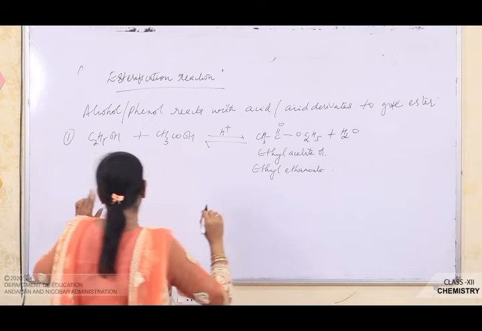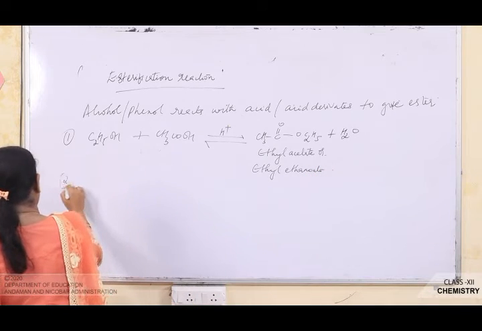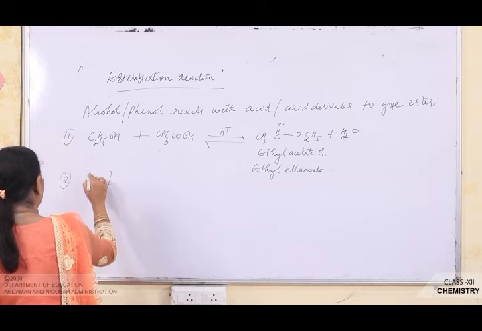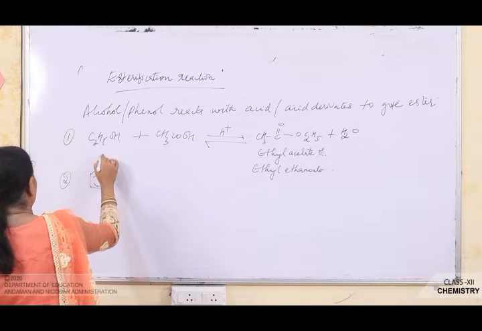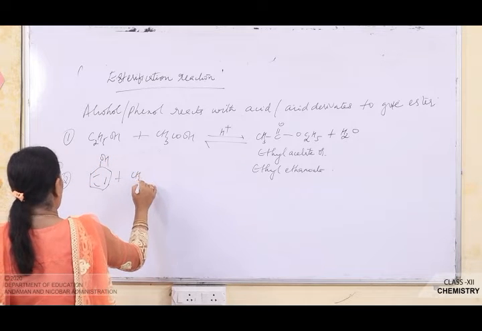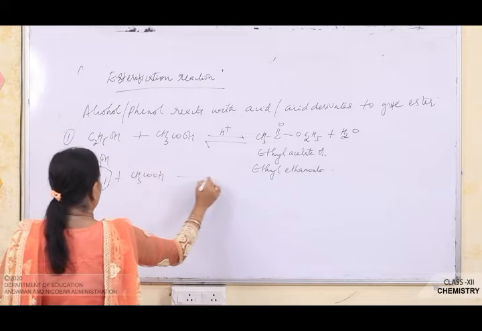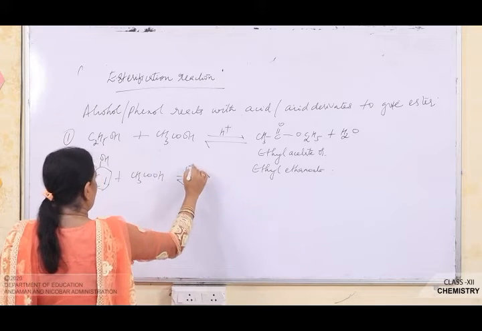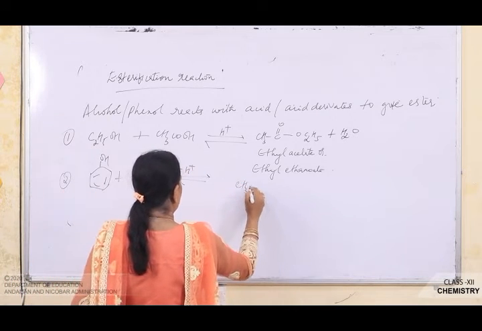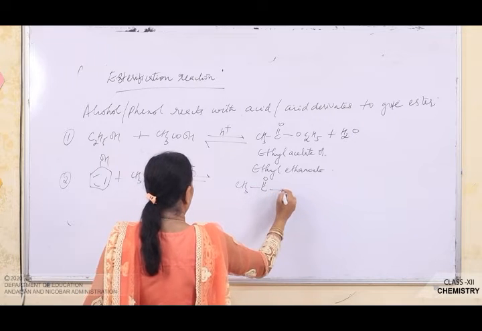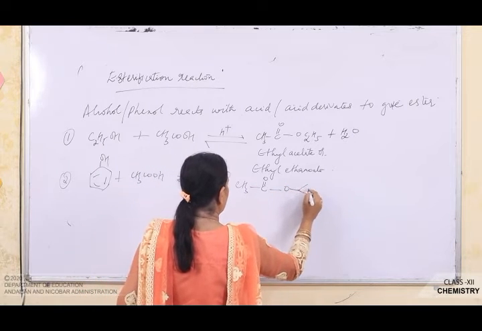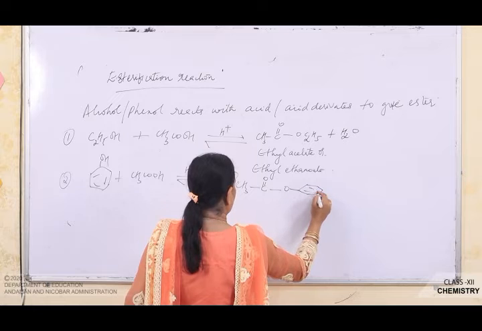So I'll just write it with phenol also. So phenol reacts with CH3COOH. In presence of acid, you'll get CH3, C double bond O, O, C6H5, plus H2O.